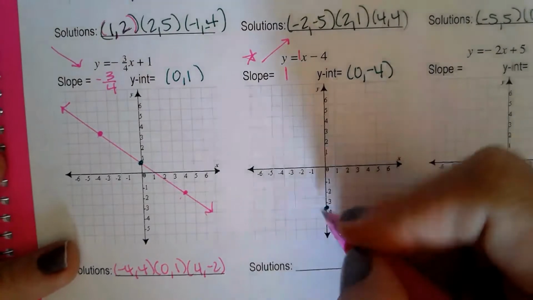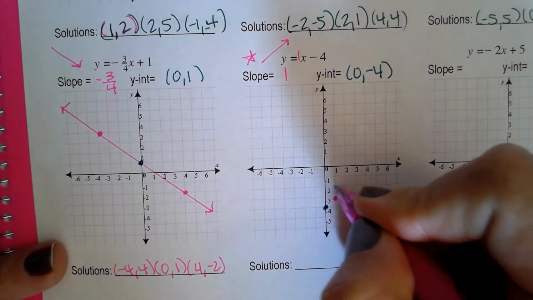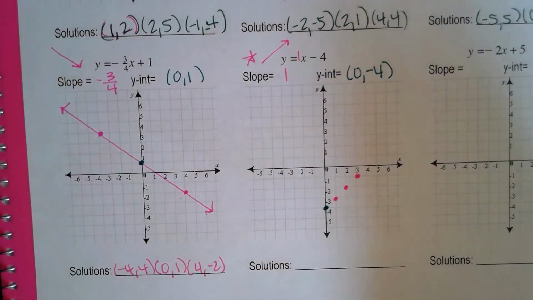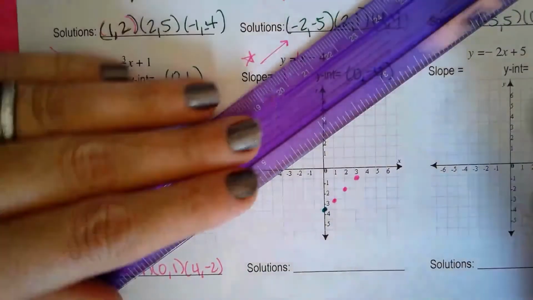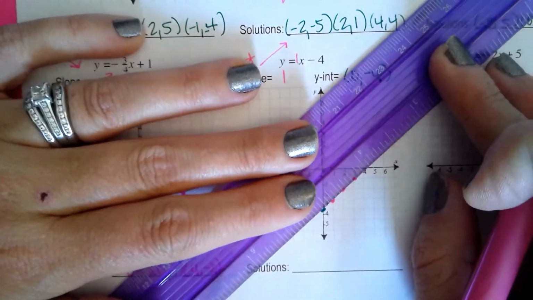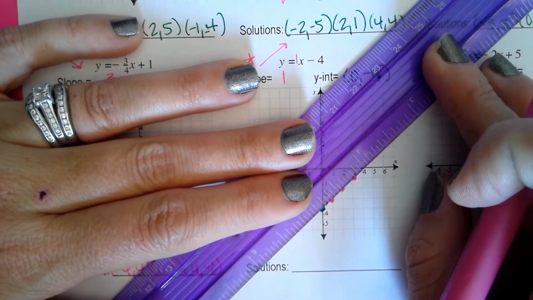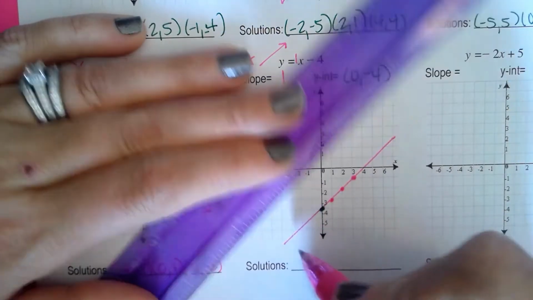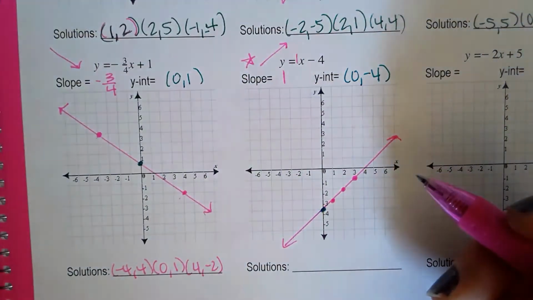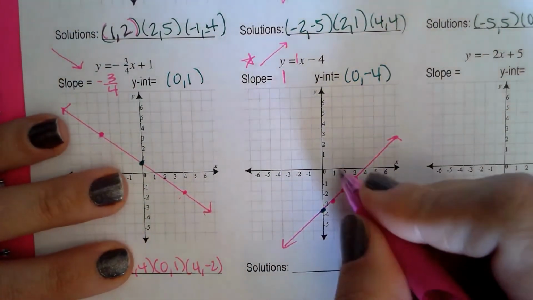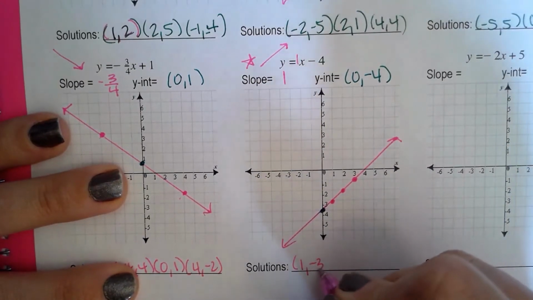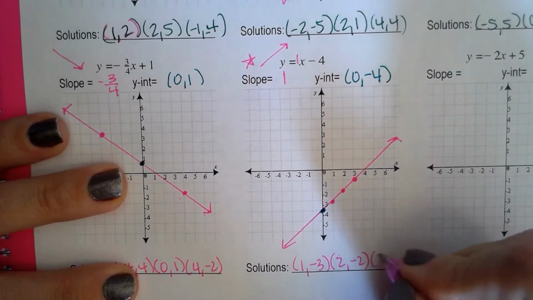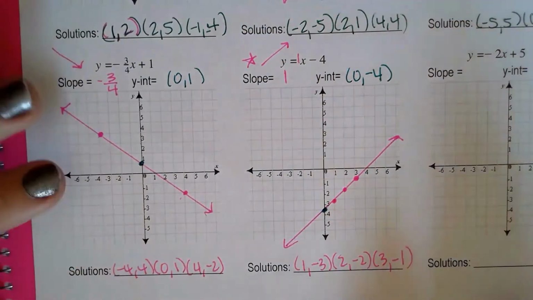Slope is 1, so I'm just going up 1 over 1, up 1 over 1, up 1 over 1. Increasing from left to right. And some ordered pairs would be 1, -3, 2, -2, 3, -1.